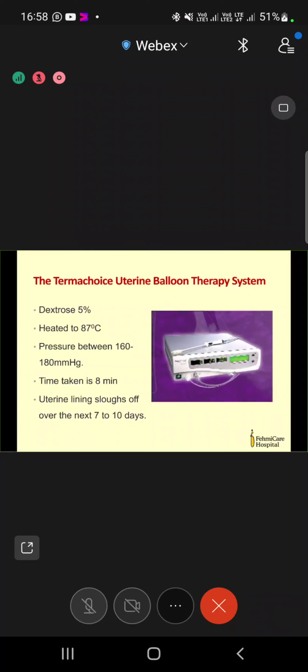Once the balloon expands with the temperature, if the pressure reduces, you gently push a few drops of dextrose and the pressure is again maintained. The aim of the operator is to maintain the intrauterine pressure between 160 to 180 millimeters of mercury. Then the uterine sloughing starts in the next 7 to 8 days. Let us see the procedure.